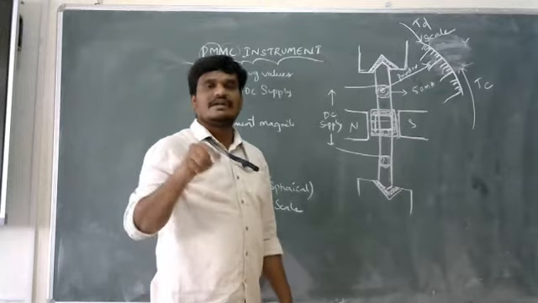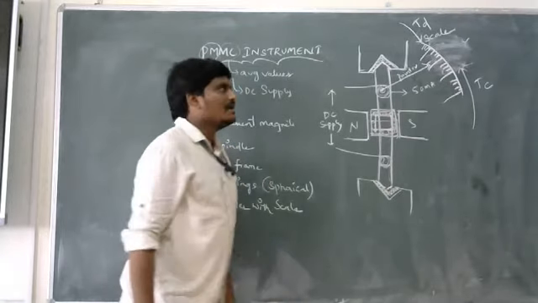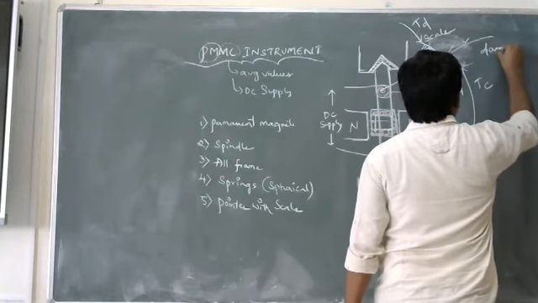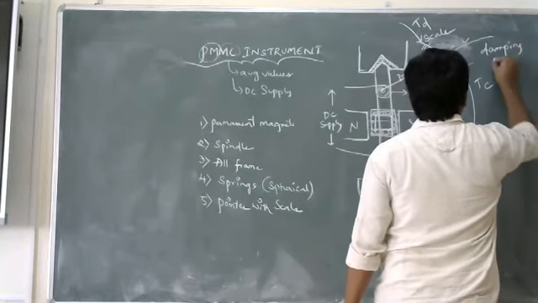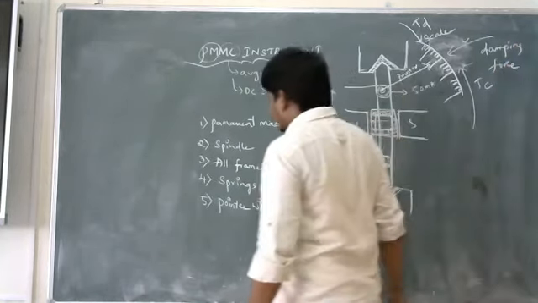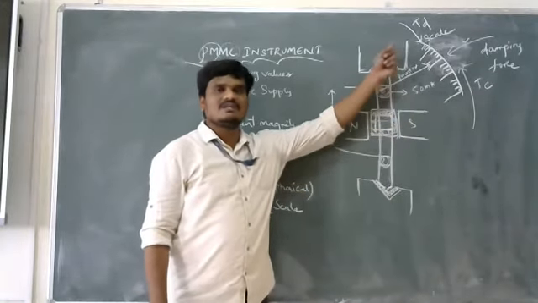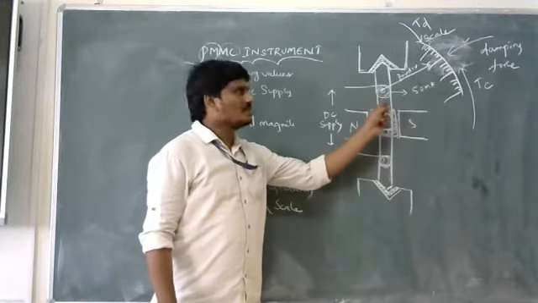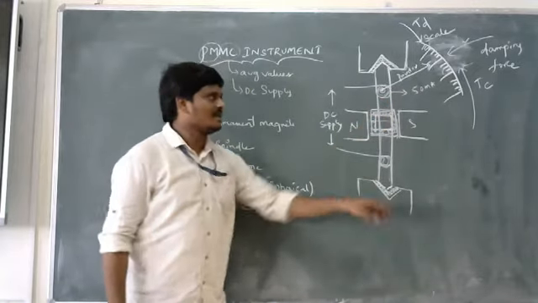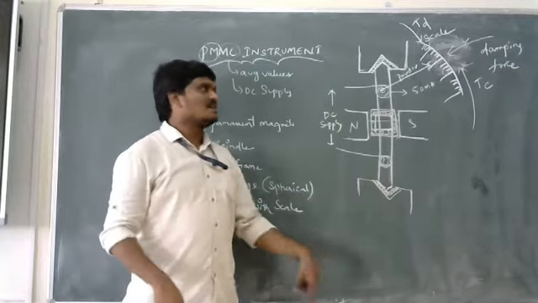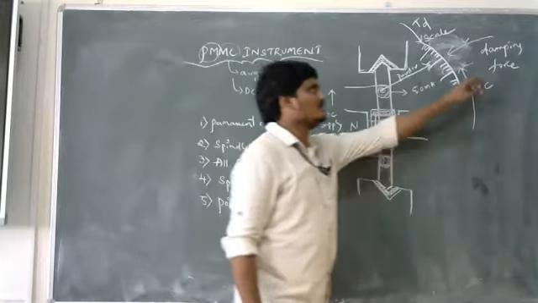In order to reduce the oscillations in the pointer, I am going to use one more force on it, which is called the damping force. So, in order to move the position of a pointer on a scale, I am using a deflection force. In order to control the position of the pointer on the scale, I am using a control force. In order to reduce the oscillations of the pointer, I am using a damping force.